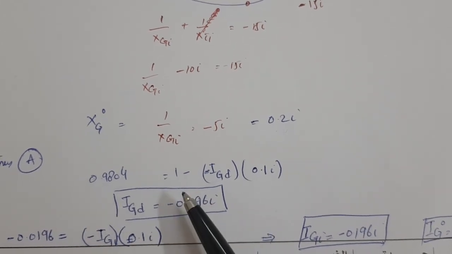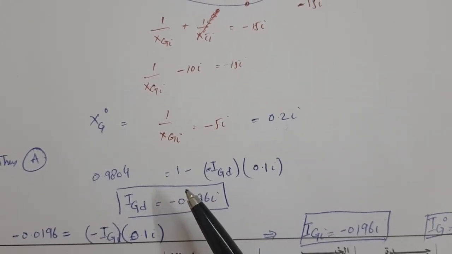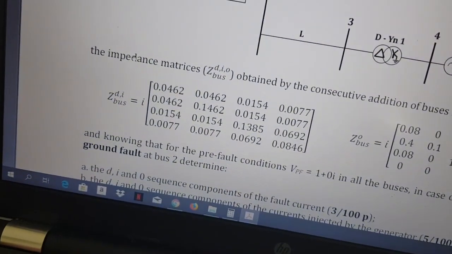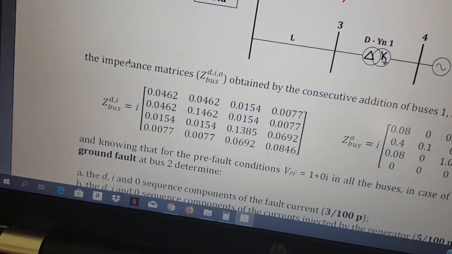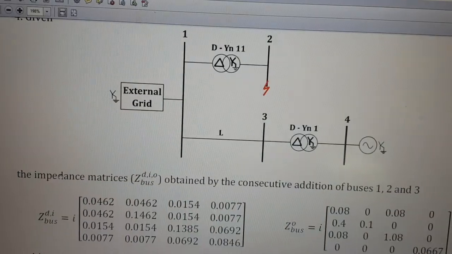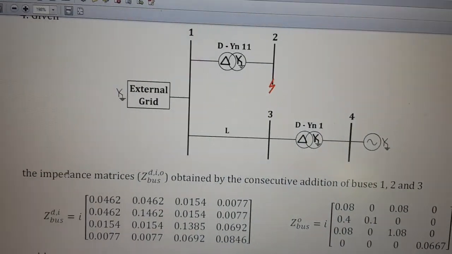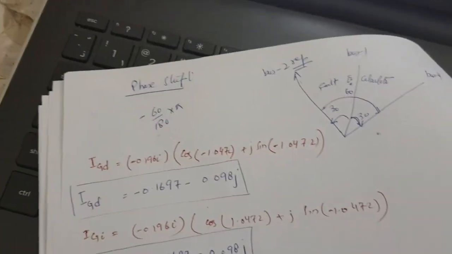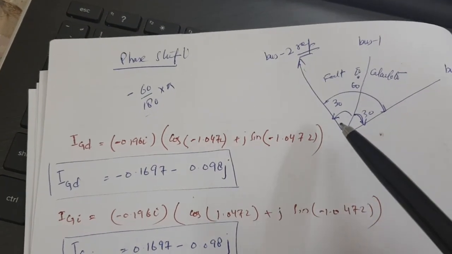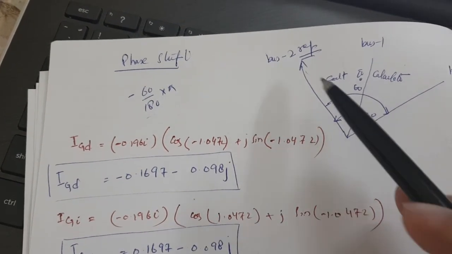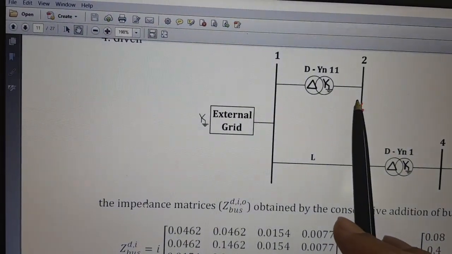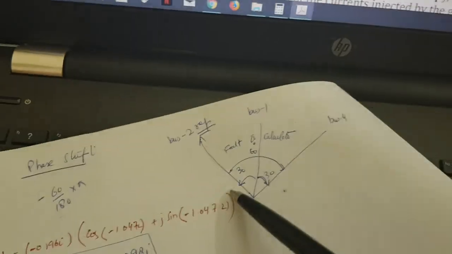Here the next part is the phase shifting, because the transformers are involved. Transformers are involved here, so we have to do the phase shifting. Here you can see our reference bus is the one that has the fault. This one is the faulty bus, so this is the reference bus.